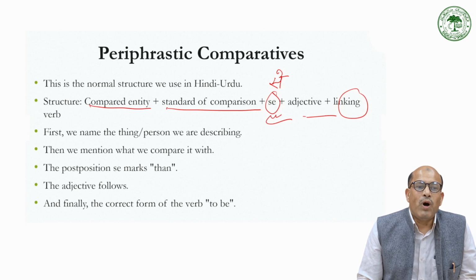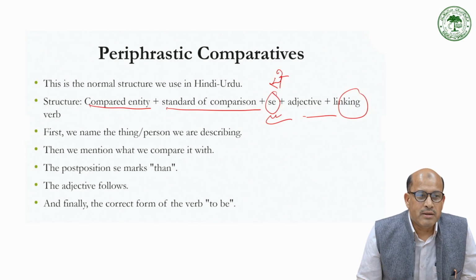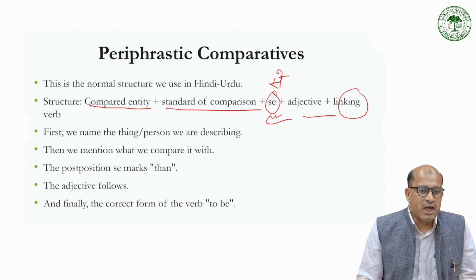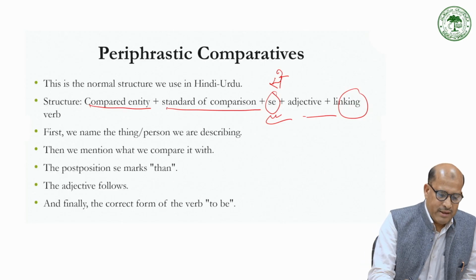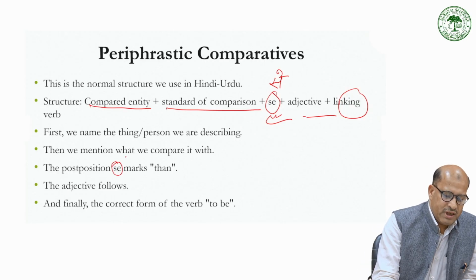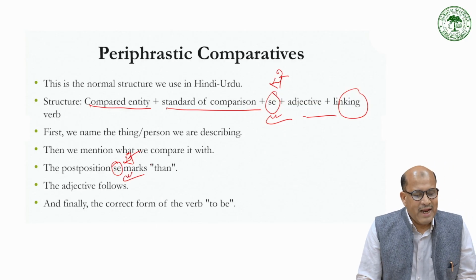Then we mention what we compare it with. This is the sequence I am talking about. Then the postposition se marks than. So this se is the postposition. Then adjective follows. And finally the correct form of the verb to be, that is called linking verb.